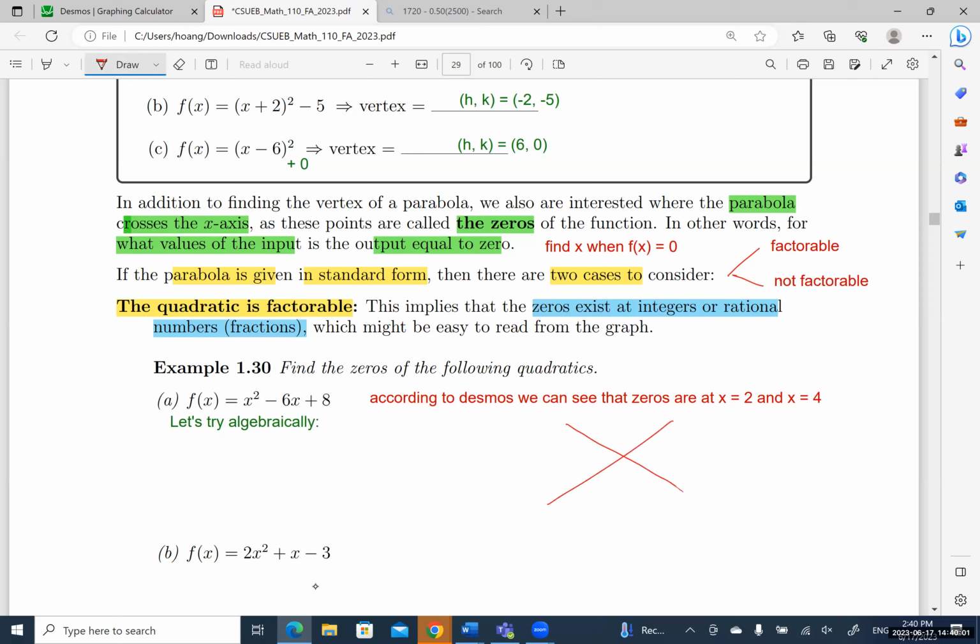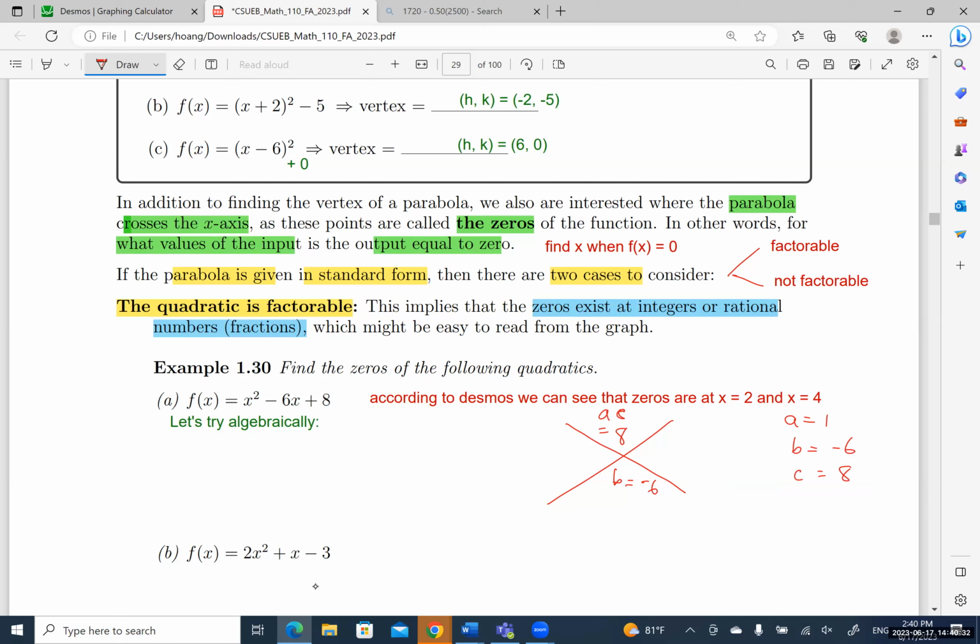called the AC method. You draw a cross line here, and on the top here you write A times C. What is A equal to? 1, right? B, what is that equal to? -6. C, what is that equal to? 8. Okay, A times C will be 1 times 8 is 8. B will equal to -6.